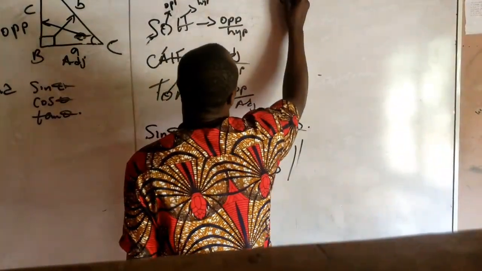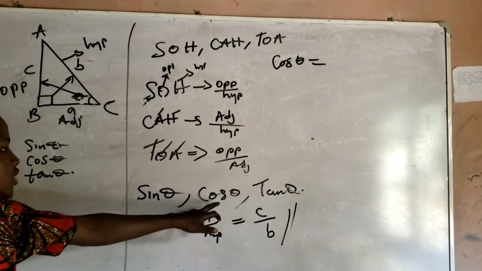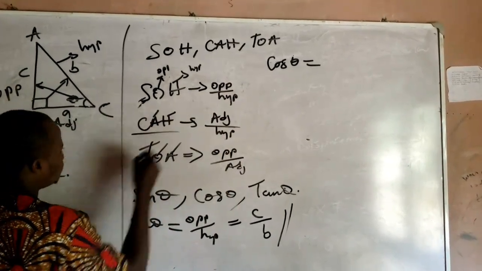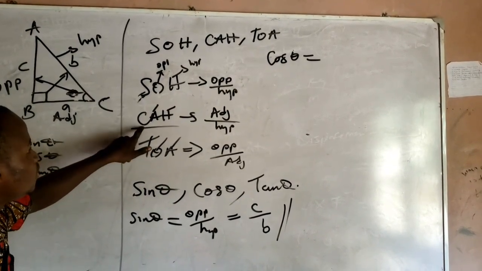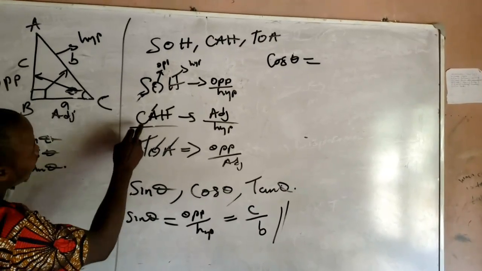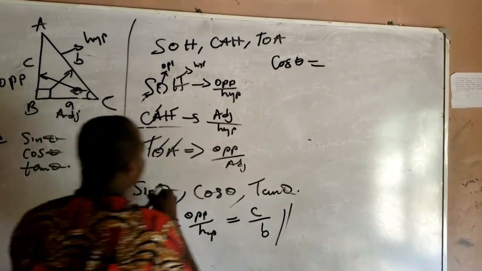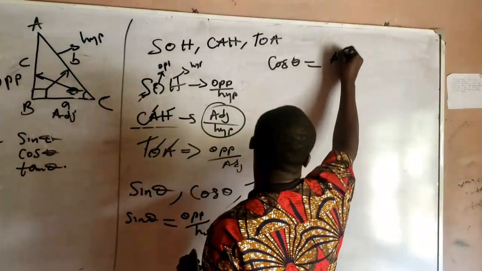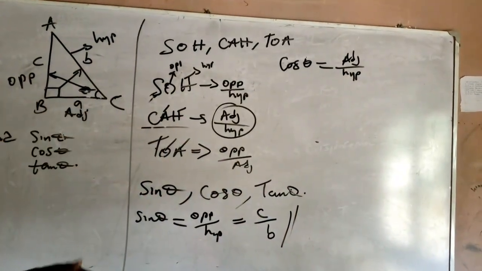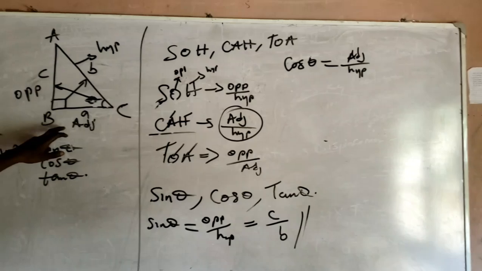Now, let's talk about cos theta. I told you that when we are dealing with cos, it is CAH. You just check the first letter and compare it with this one. Cos has the same first letter as CAH. So CAH is adjacent over hypotenuse, which is cos theta. Coming to our angle here, where is our adjacent?